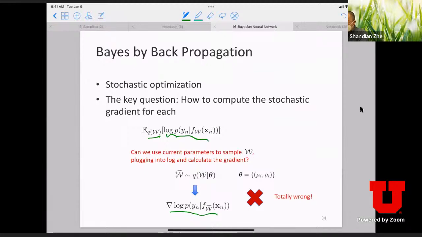Why? Because your output has already been determined. Your parameters themselves don't appear inside this log likelihood. Once you generate an instance W hat, your posterior mean and posterior variance never appear in your log likelihood. So the gradient of this log likelihood is simply 0.